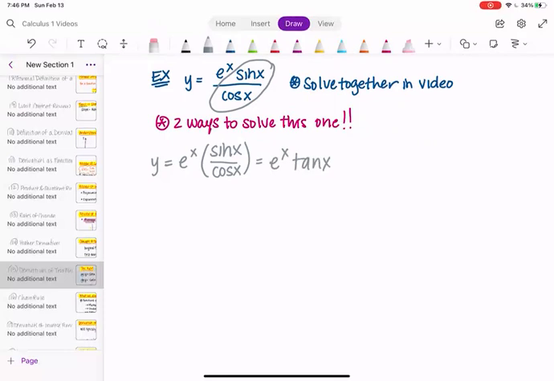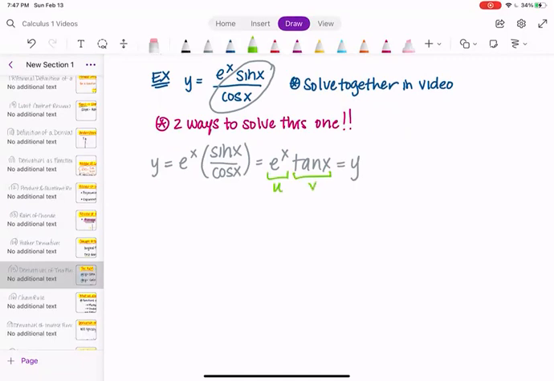So this became a problem associated with quotient rule because there was a fraction, but we simplified it to one that actually is a product rule problem. So let's do this again. So this is going to be u, this is going to be v, but again, now there's only two terms, so that's actually much simpler.